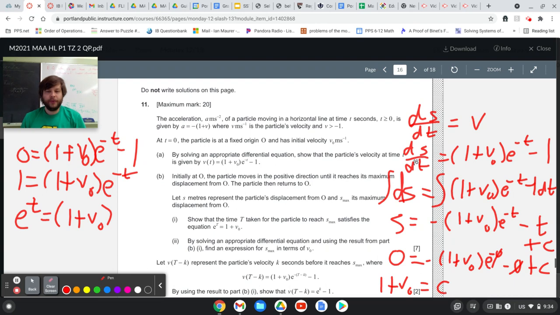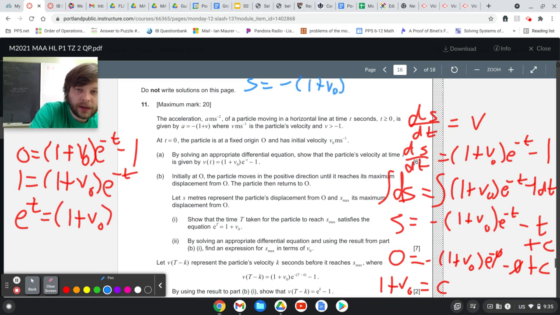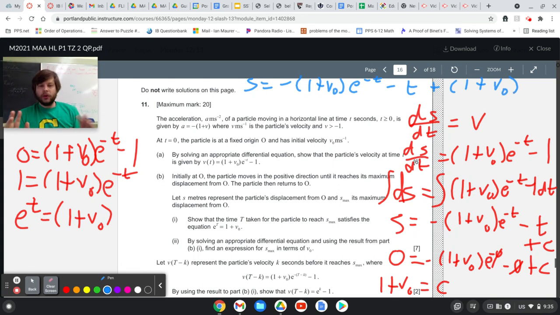So now I have an expression for s. Let's write that kind of at the top. So I know that s at any time is equal to negative 1 plus v naught, e to the negative t, minus t plus c, which we just calculated as 1 plus v naught. Great.